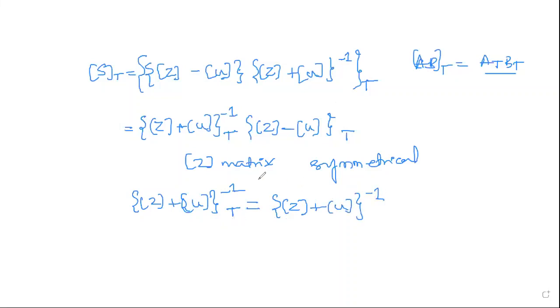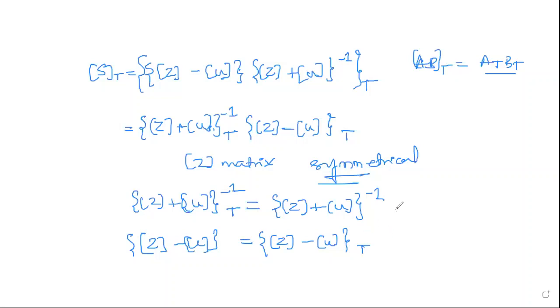This property will show the symmetry. You have the first term Z plus U inverse transpose. Since it is symmetrical, Z plus U inverse will also be equal to Z plus U inverse transpose. Or for the second term, matrix Z minus matrix U is also equal to matrix Z minus matrix U transpose.